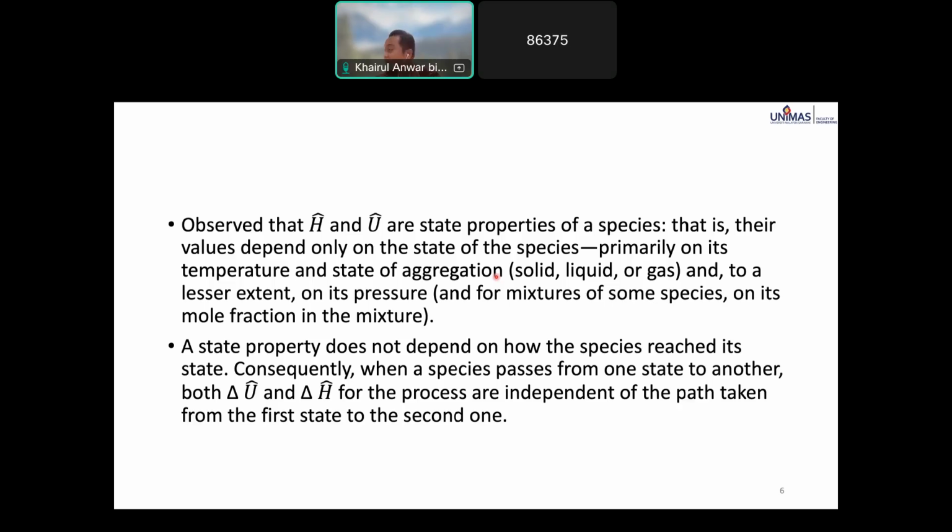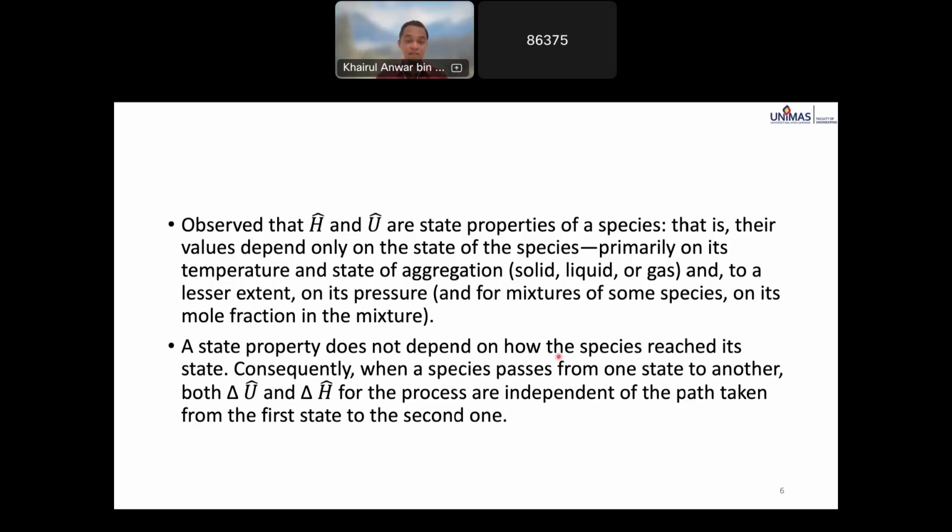The state property does not depend on how the species reached its state.